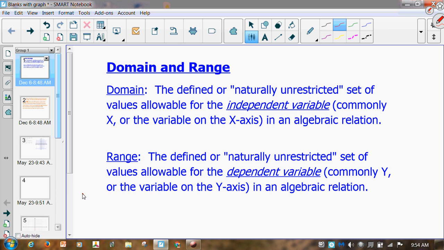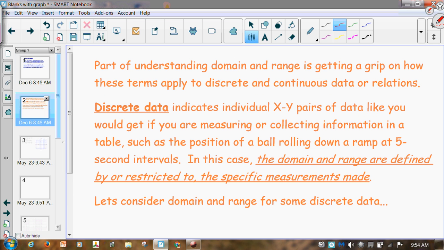Okay, so let's go here and notice that a part of understanding domain and range is getting a grip on how these terms apply to discrete and continuous data or relations. Now, first of all, discrete data indicates individual x, y pairs of data like you would get if you were measuring or collecting information in a table, such as the position of a ball rolling down a ramp at 5-second intervals.